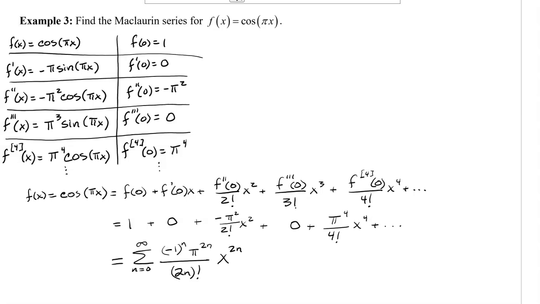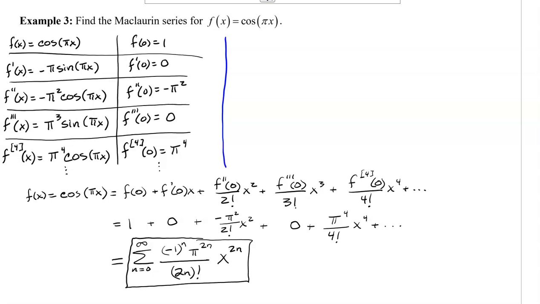You can go ahead and start plugging in n equals 0, n equals 1, n equals 2, and you'll find that you're getting these first three terms. There is our Maclaurin series for f of x equals cosine of pi x.